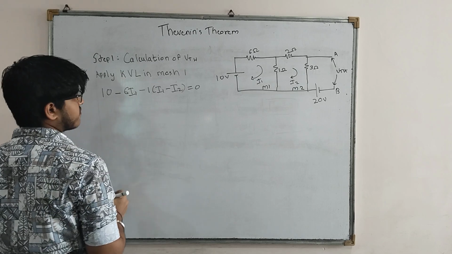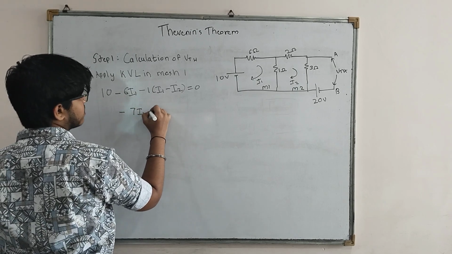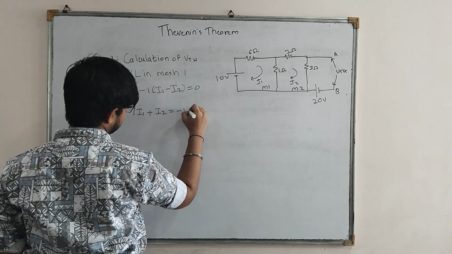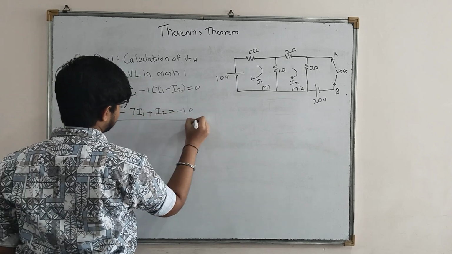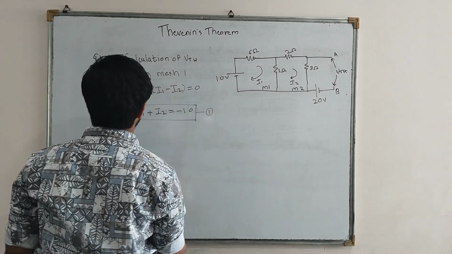Okay, so the final equation is minus 7 times I1 plus I2, which is equal to minus 10. So this is my equation number 1.